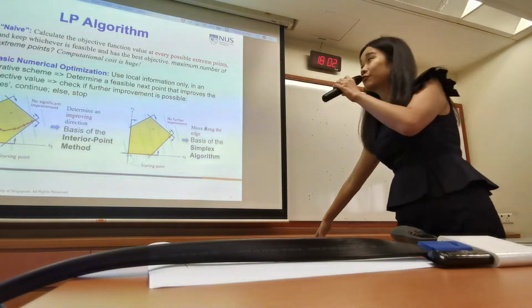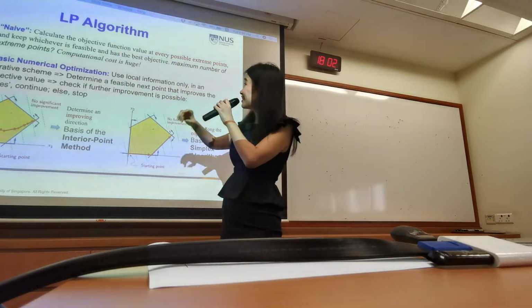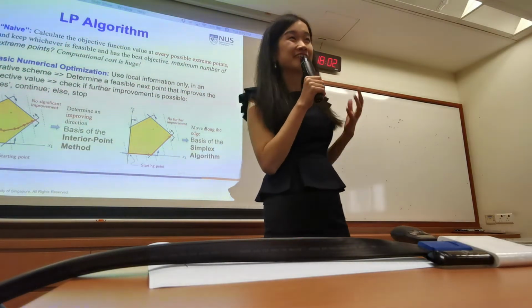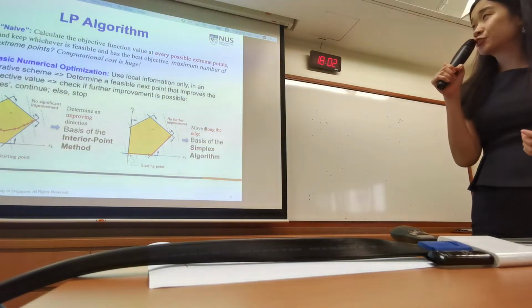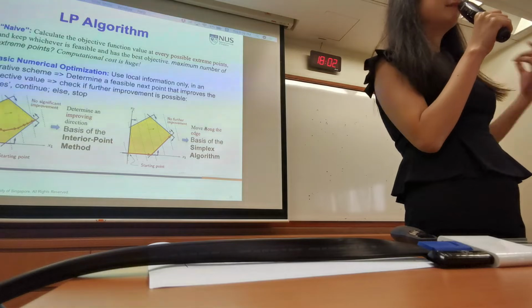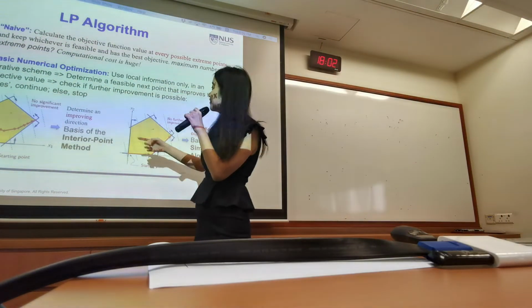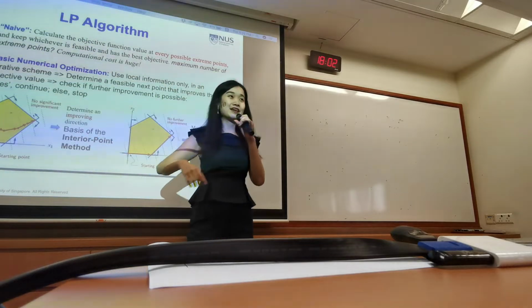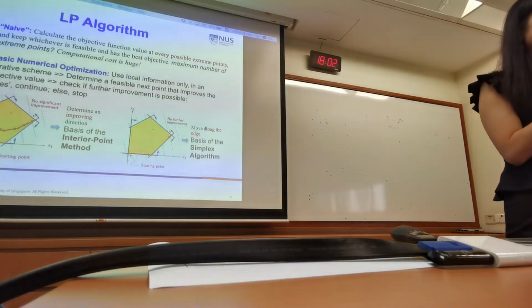So first one, the question here, I remember we did an interesting practice last year. If you want to count how many extreme points there will be based on the constraints we give you. We have 3 constraints. If you have n constraints, how many extreme points will there be?